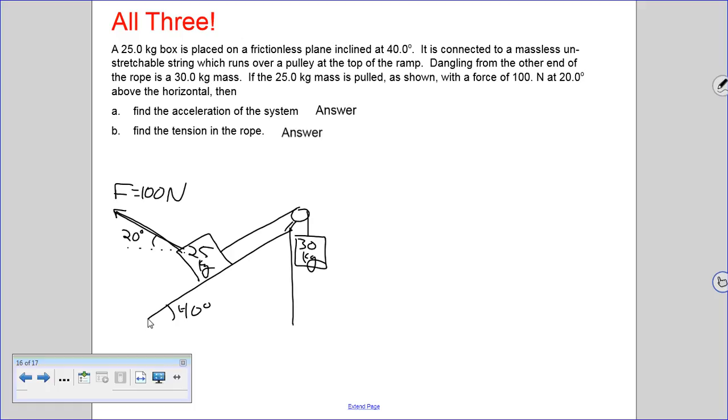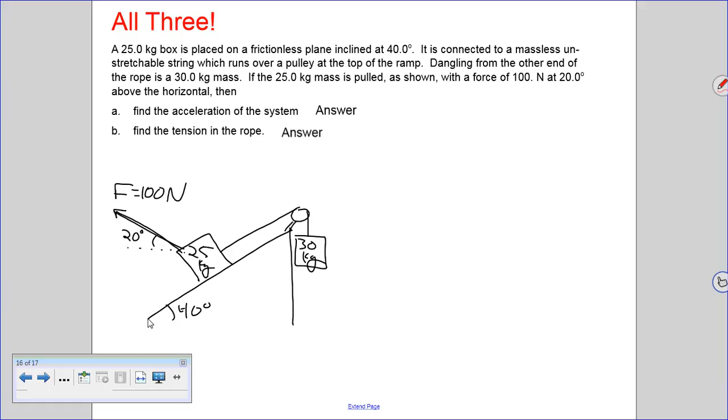Sorry, I'm just thinking about the best way to go about this. All right. So again, remember when you're doing one of these things where there's more than one mass, when you've got a system, the first thing you want to do is look at the system as a whole. So there are three directions this thing could go. We will quickly find out that this 100 newtons here is not enough to lift the box off of the ramp.